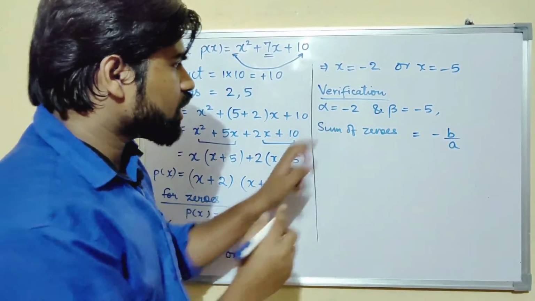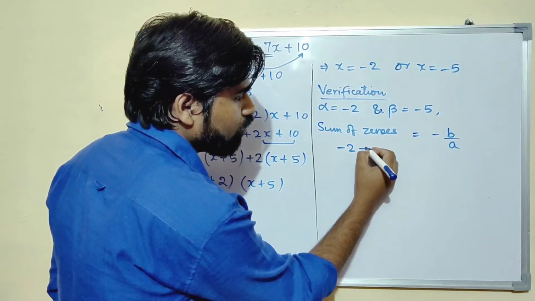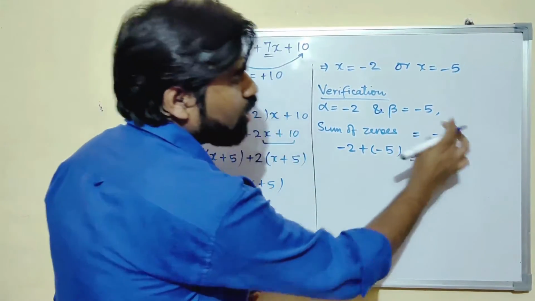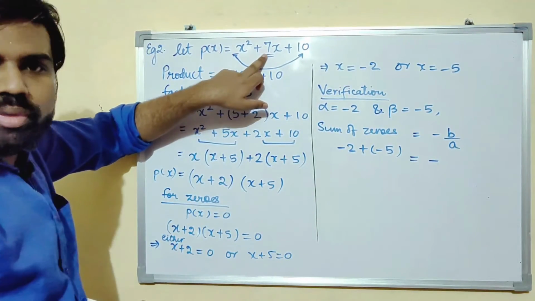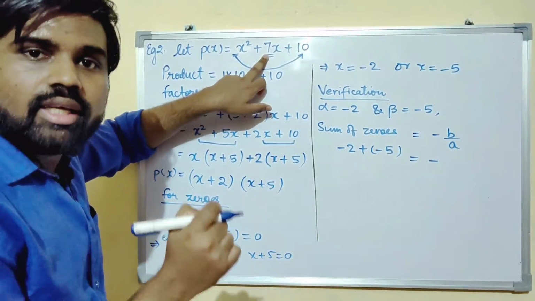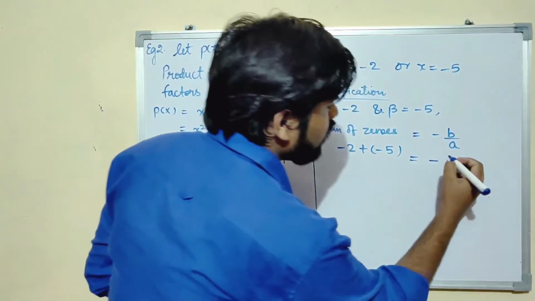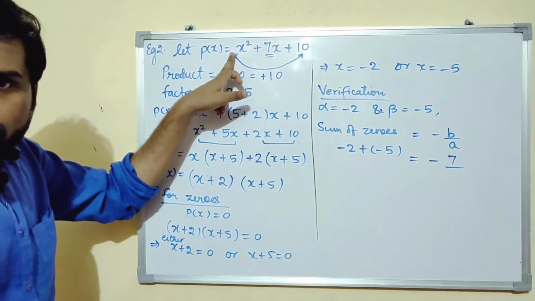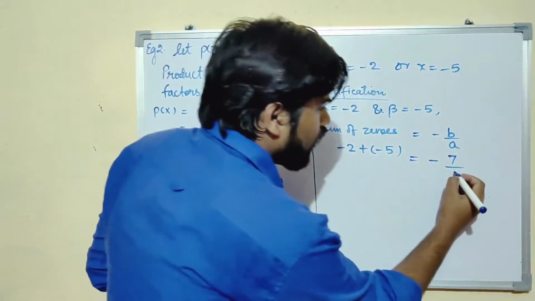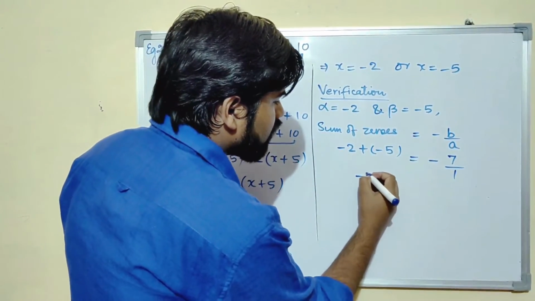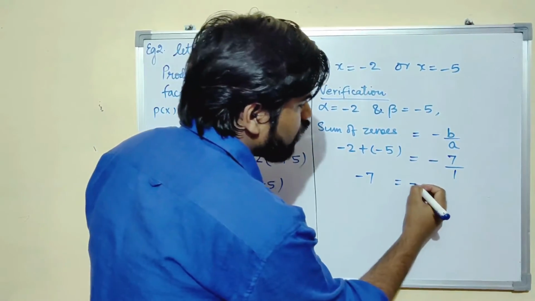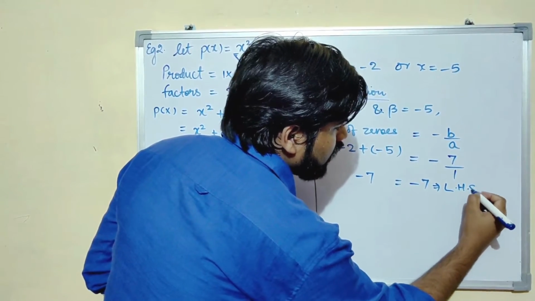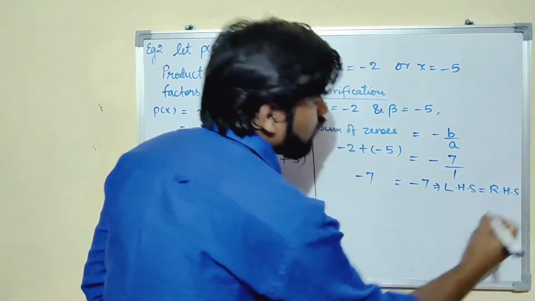Substitute the value: sum of zeros, minus 2 plus minus 5, equals minus, what is the value of b here? The value of b is 7. What is b? The coefficient of x. So here it is 7 upon the value of a is 1, the coefficient of x square. Solve the left hand side, it will be minus 7, and the right hand side is also minus 7. That means LHS equals RHS. That means we have verified one relationship.